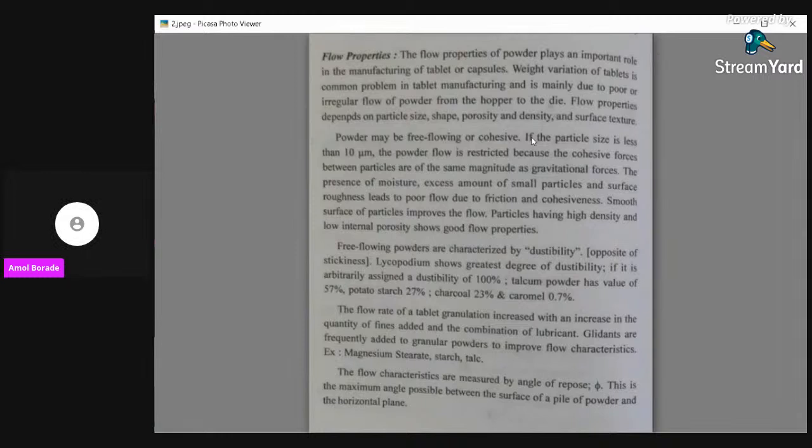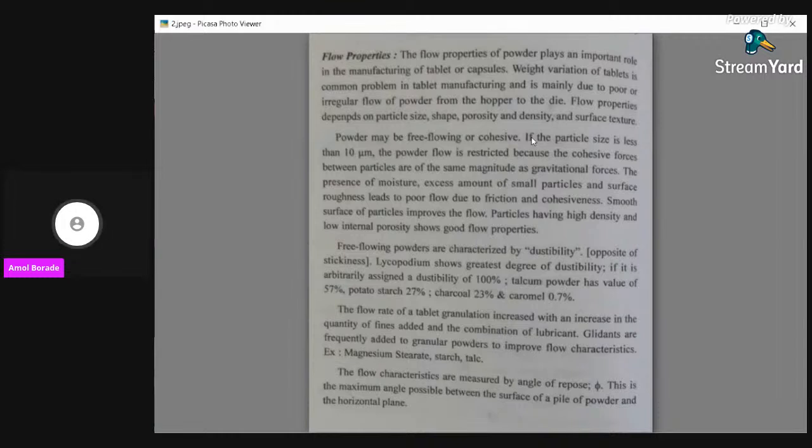The empty capsule comes to the filling station, and again the same procedure happens: from the hopper, the powder flows into the empty gelatin capsule at the filling station. So a similar thing is needed for both tablet and capsule manufacturing.